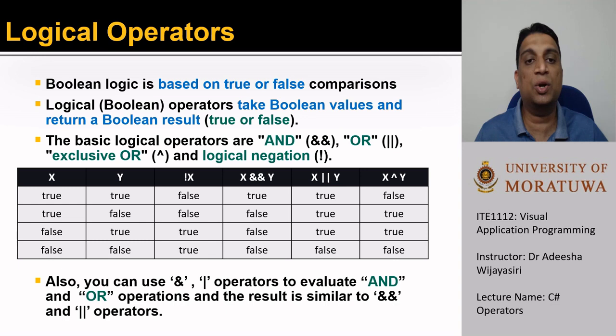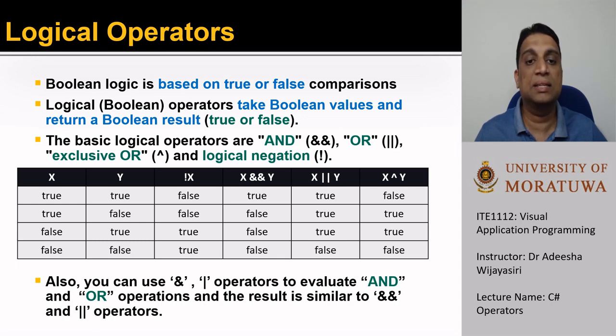If you pay attention to the last column, you can see how exclusive or operates. As per the behavior of exclusive or, result is false when both operands are true or both operands are false. Also, you can use ampersand symbol and vertical bar symbol to evaluate and or operations, and the result is similar to conditional and conditional or operators.